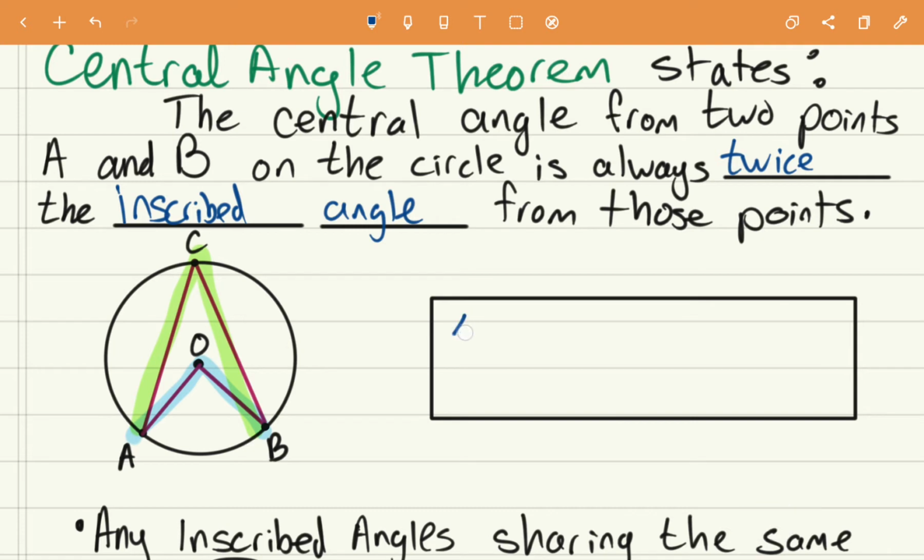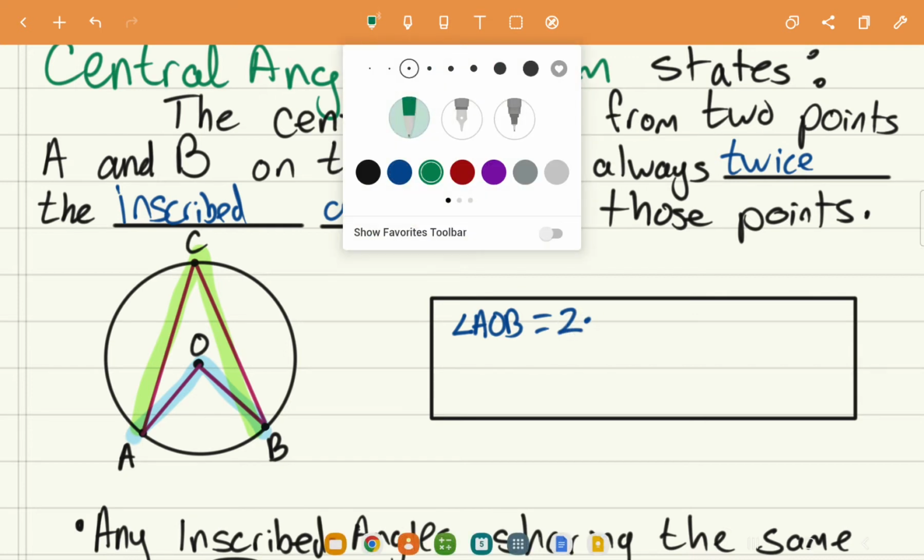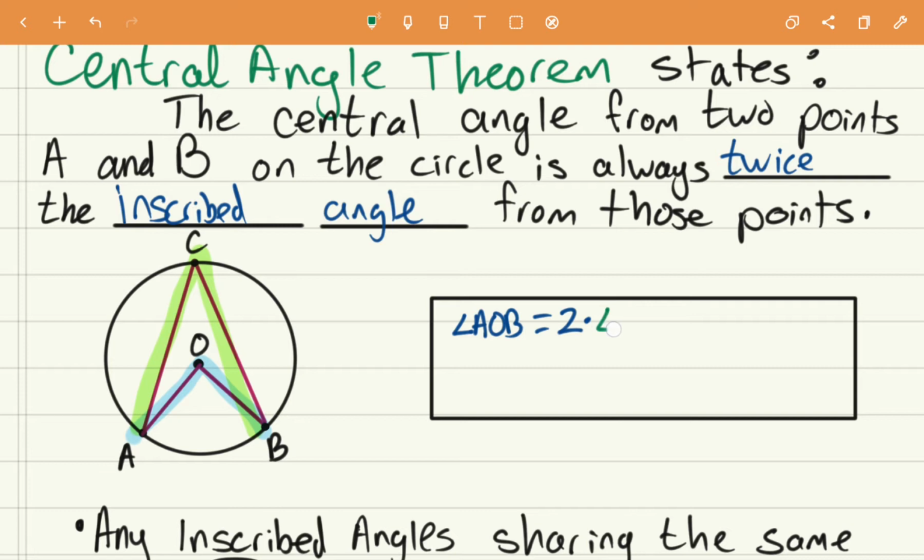So our central angle AOB is equal to 2 times the inscribed angle. We can also write this, kind of flip it, so angle ACB is equal to 1/2 angle AOB. So those are two ways we can state the central angle theorem.